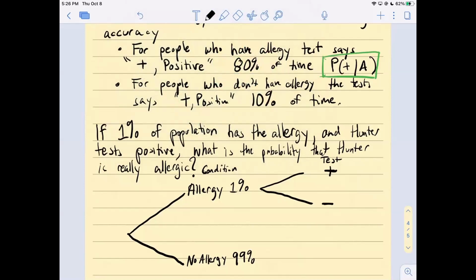But the tree diagram makes it a lot easier. So therefore, the total percent of people that tested positive when they have an allergy is going to be 0.01 times 0.8, which is 0.008. Oh, can I move this whole thing over?